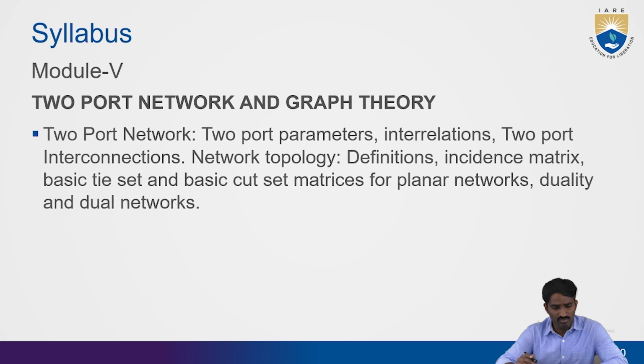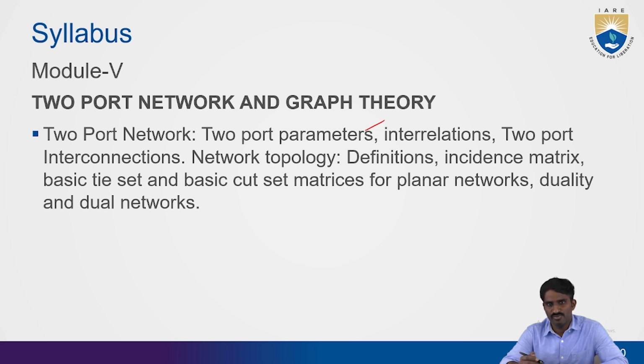Then coming to the final module, which is about two-port networks and graph theory. In the two-port networks, as we discussed previously, there are various two-port network parameters: impedance parameters, admittance parameters, ABCD parameters, and H parameters.